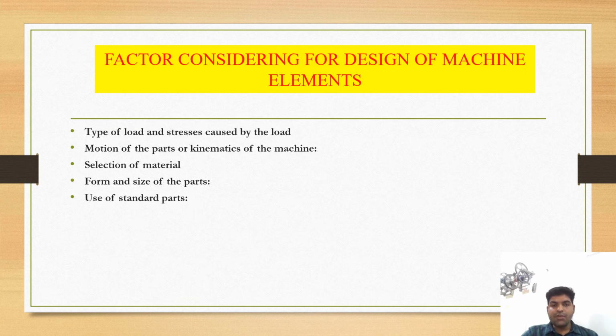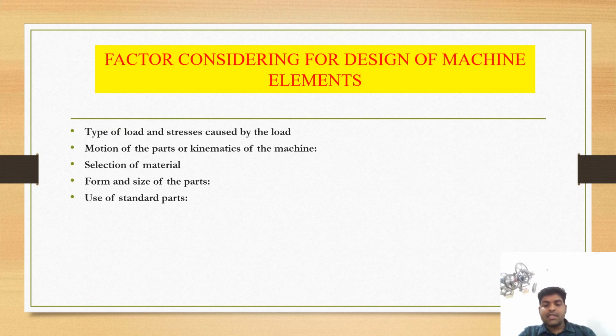Next one is use of standard parts. The use of standard parts reduces the cost involved in the design of components. To accommodate easy identification of material, replacement of the design components and for easy manufacturing, the parameters of machine components are standardized.